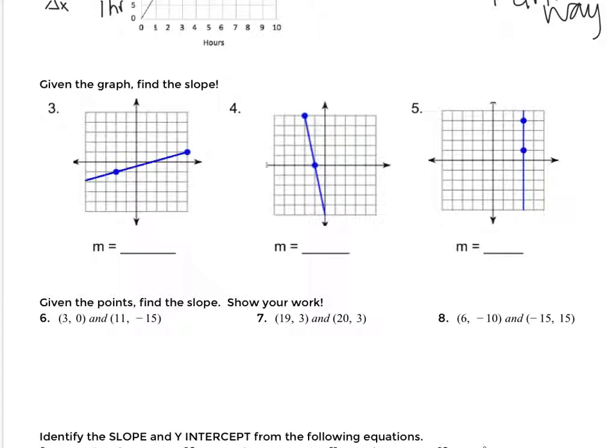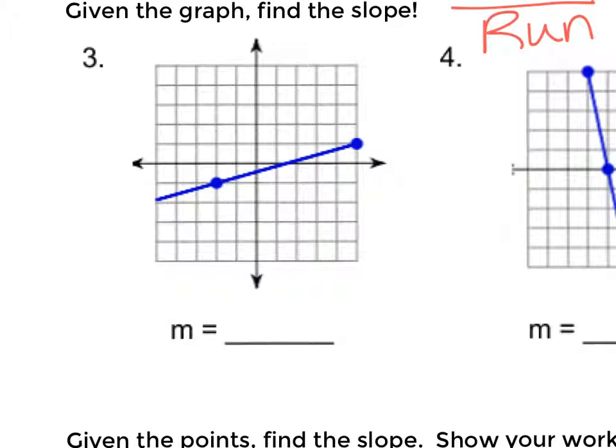Next, questions. Given the graph, find the slope. All I want is the rise over the run. I want the up and down over the side to side. Number 3, first thing, let's look at, is my slope positive or is my slope negative?